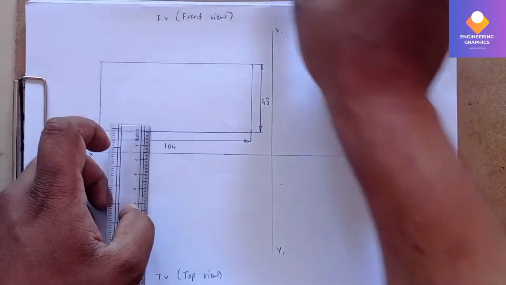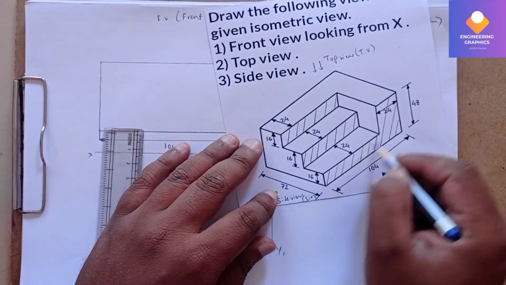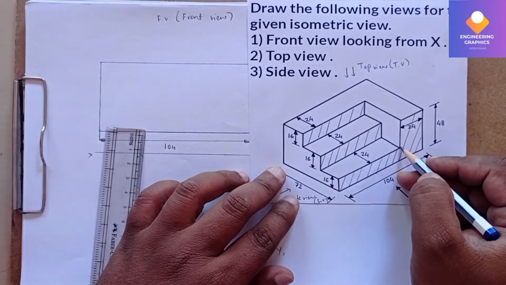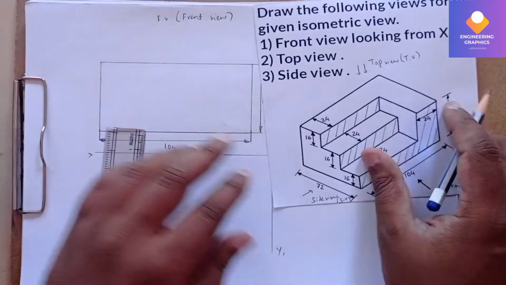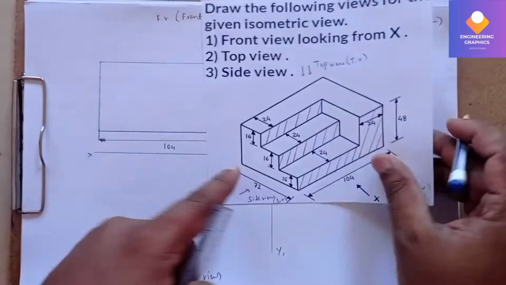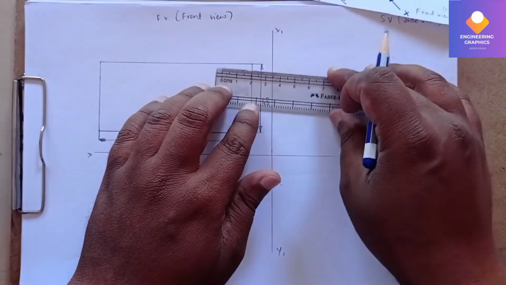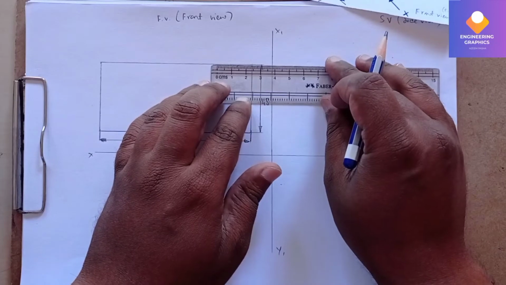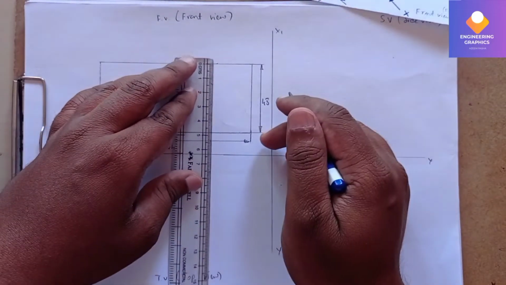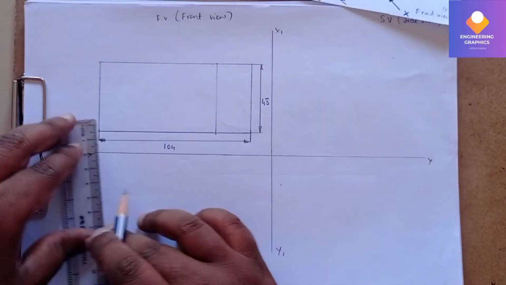Now analyze the diagram. In the diagram you can see the L-type shape component we should get, with a height of 16 and a dimension of 24 from there. So we mark 24 and then 16. First I'll mark 24 mm, then draw a vertical line downward.